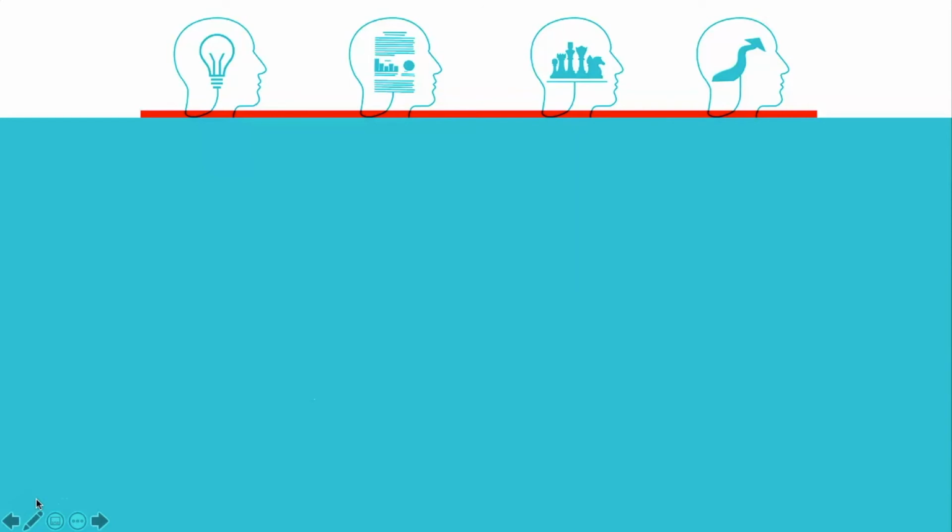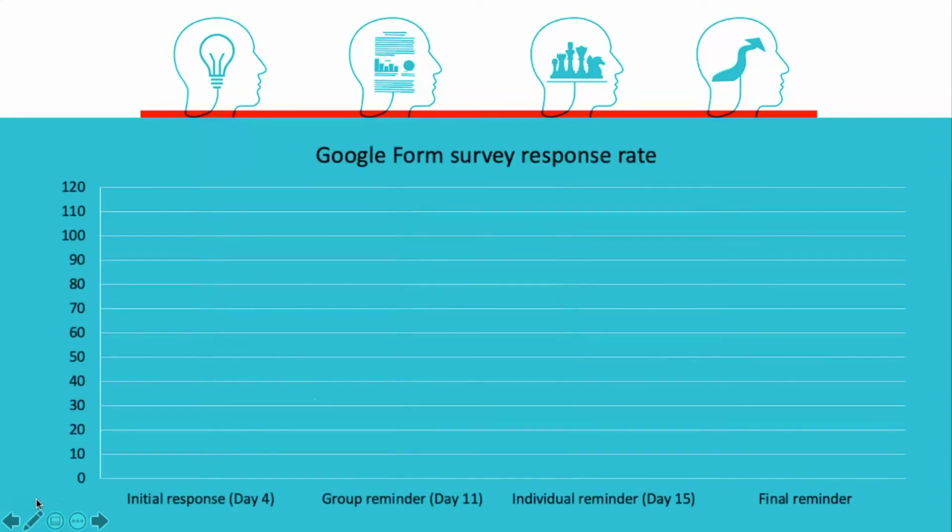In this next slide, you will see the response rate for the survey I conducted. The initial response 4 days after sending out the link was 78 responses. This I would consider as quite good, as I have more than half of the students responding to the questionnaire in less than a week's time.